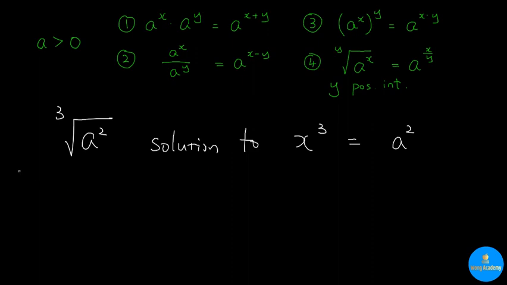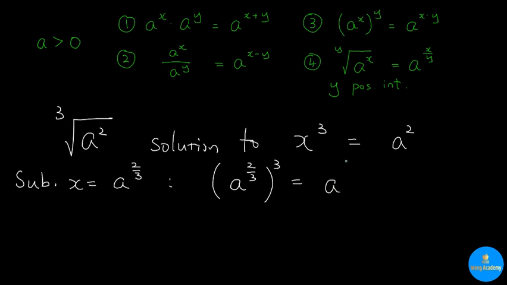Now, let's try to substitute x equal to a to the power 2 over 3 and see what will happen. A to the power 2 over 3, when you raise to the power 3, according to the third exponent law, we will get a to the power 2 over 3 times 3, which can be simplified in the exponent into just a simple 2. Oh, wait a second.